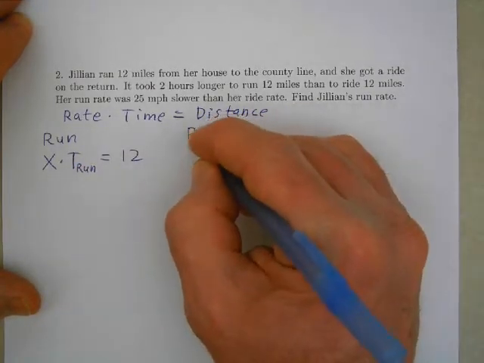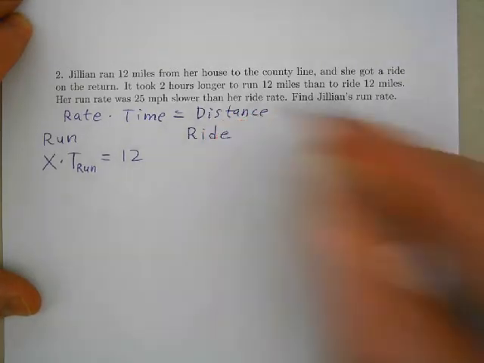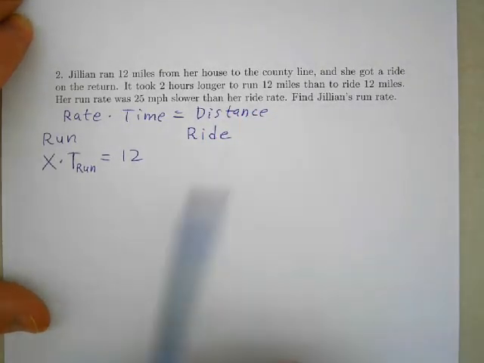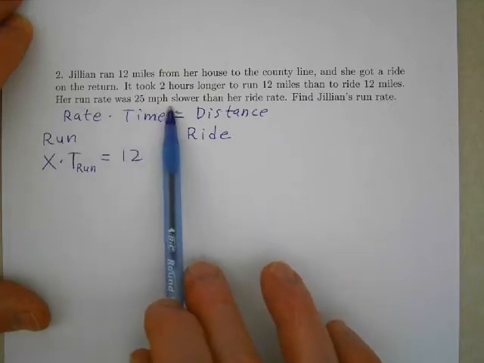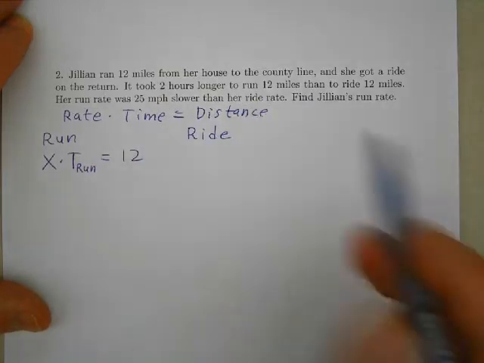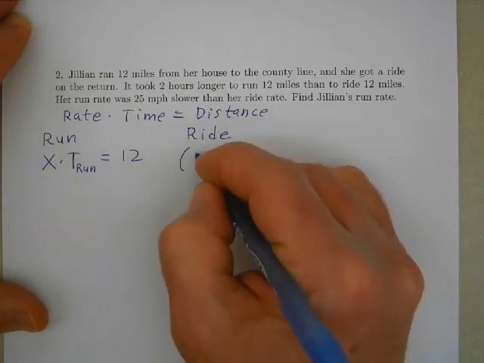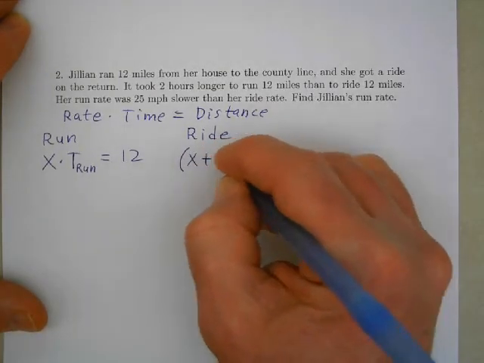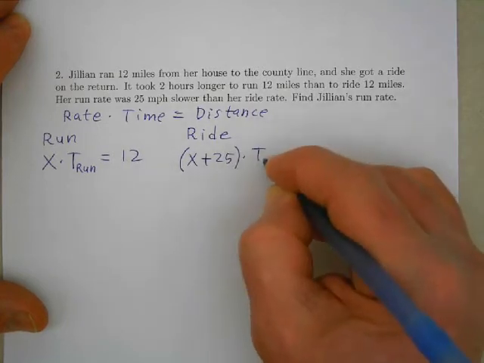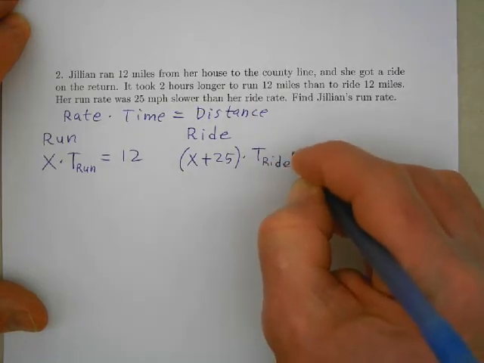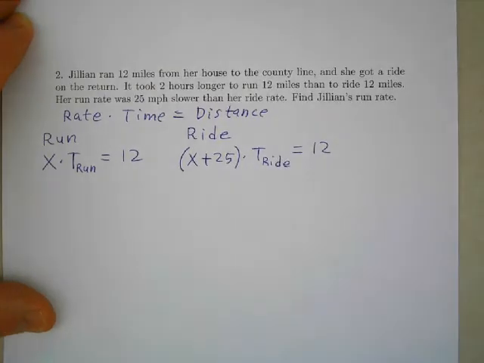And then she rode 12 miles on the return trip. We're told in this sentence, her run rate was 25 miles per hour slower than her ride rate. So her ride rate can be represented by X plus 25 miles per hour, and I'll write T sub ride to represent the amount of time it took her to ride 12 miles.